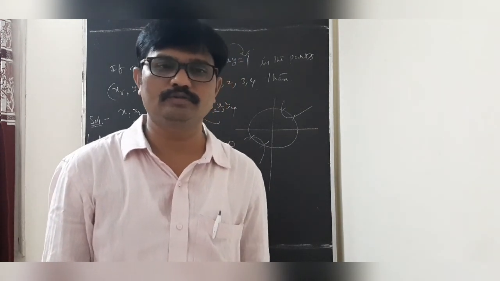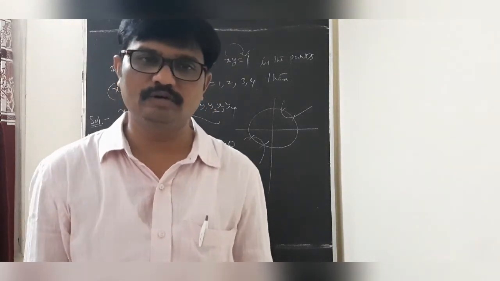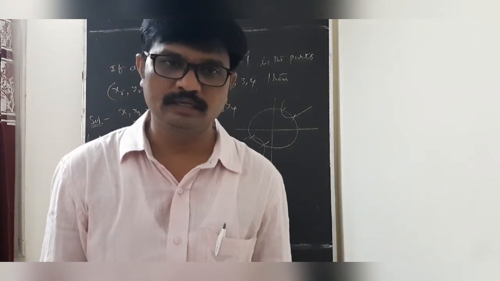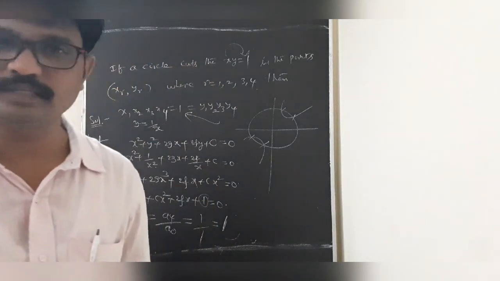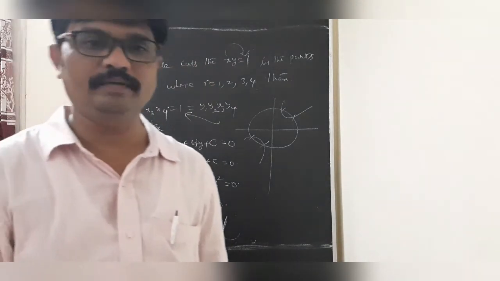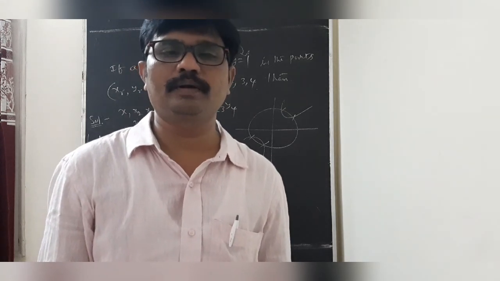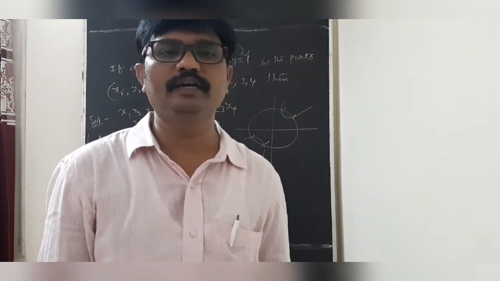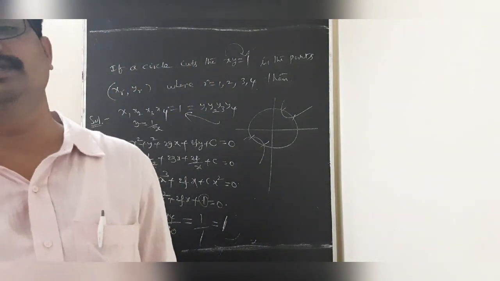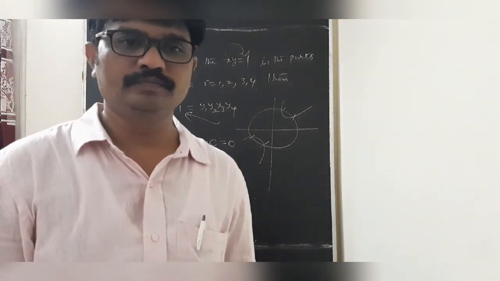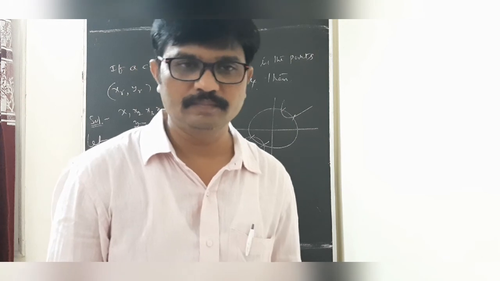Suppose xy equal to c square, undoubtedly the asymptotes are the coordinate axes, which are always perpendicular. So the asymptotes of the rectangular hyperbola are always perpendicular, that means the angle between them is 90 degrees, and its eccentricity is always root 2. Okay students, thank you all.